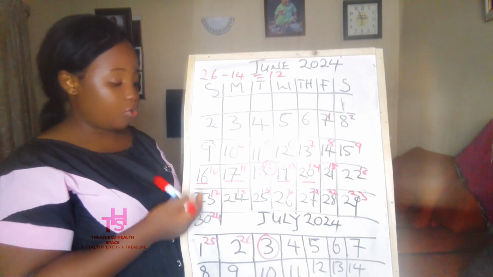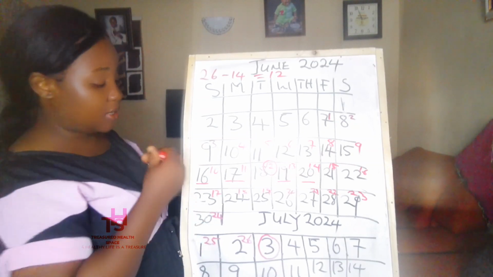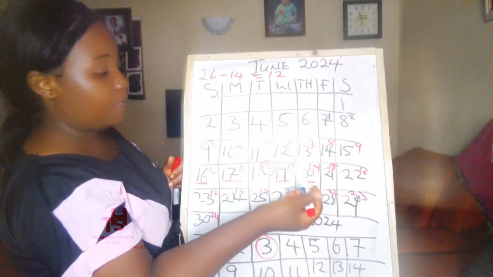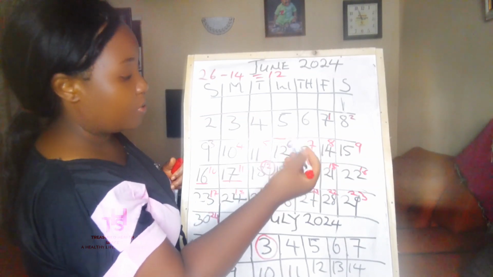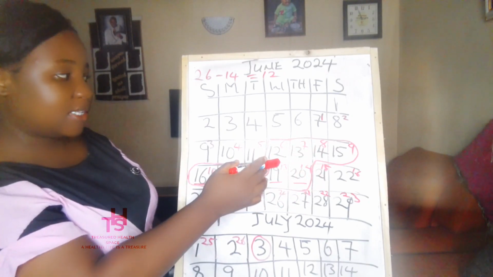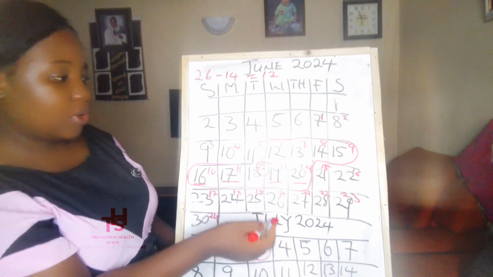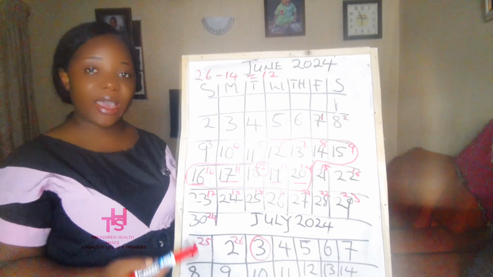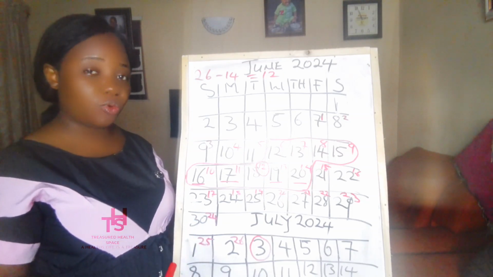All right, so adding 5 to this will be 1, 2, 3, 4, 5. Okay, so you can see the days boxed in red from the day 6 of your menstrual cycle to the day 14 of your menstrual cycle is your fertile window.